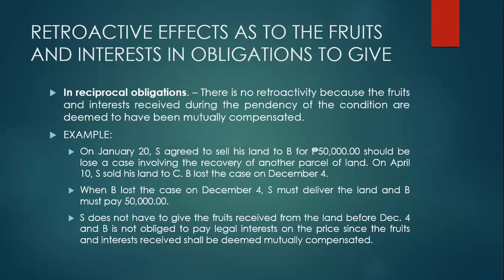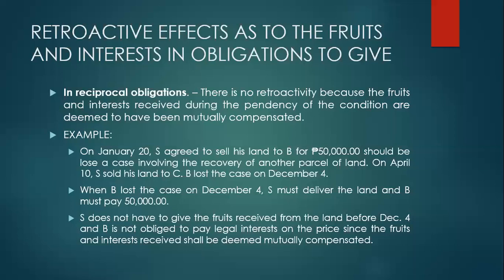S does not have to give the fruits received from the land before December 4, and B is not obliged to pay legal interests on the price, since the fruits and interest received shall be deemed mutually compensated. So how will I explain this for better understanding? Diba, ang property, for example, meron siyang mga coconuts. And the coconuts have fruits, right?